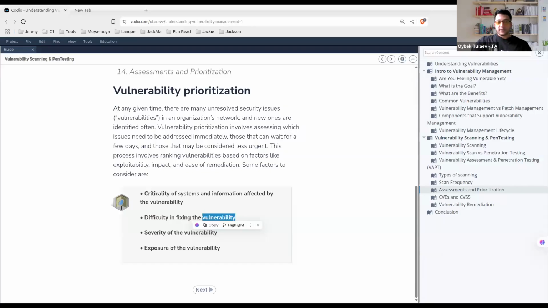Do you get the idea? Let me write the question, kind of brainstorming. I want to hear your answer. Brainstorming here, answer in the chat. The vulnerability is high. We want to fix this, but our organization or system cannot allow this because it may cause a problem for the rest of the network.